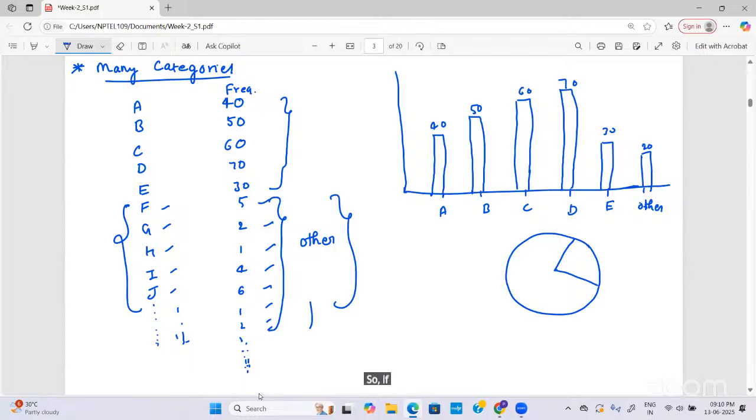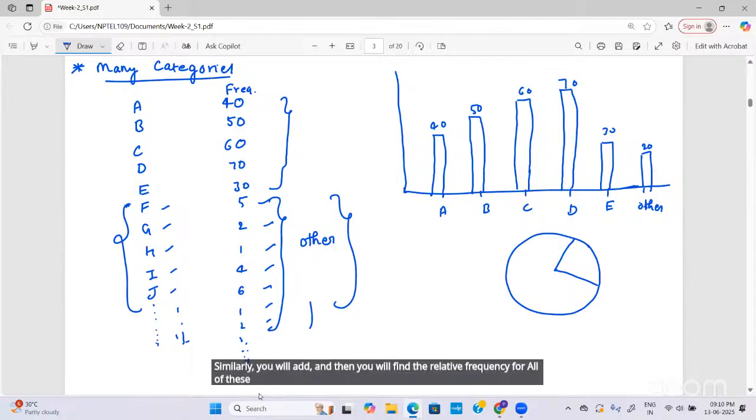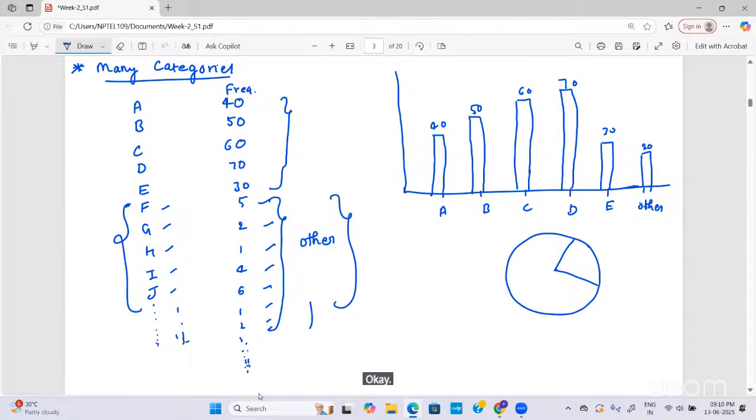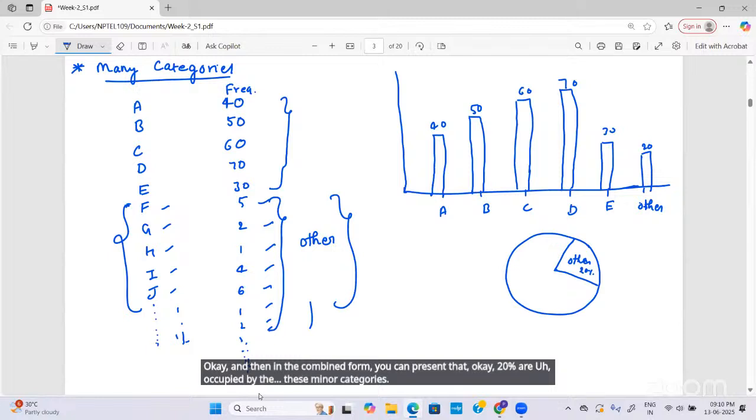So if you want to make the pie chart in this situation, you will add them and find the relative frequency for all of these together. Then in the combined form, you can present that 20% are occupied by these minor categories altogether.